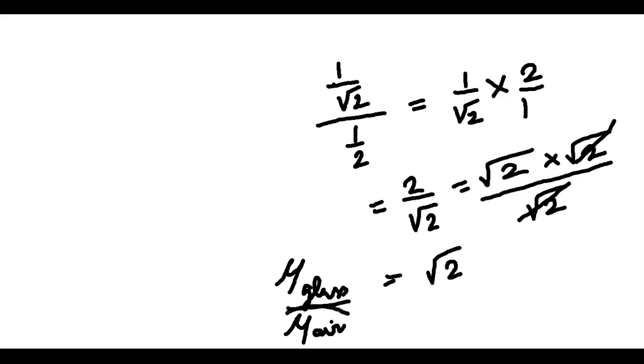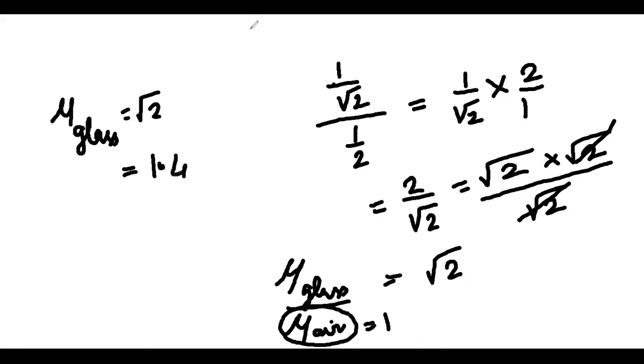Now, refractive index of air is 1. So, if you take 1 on this side, your refractive index of glass will come to be equal to root 2, and students, the value of root 2 is 1.414.